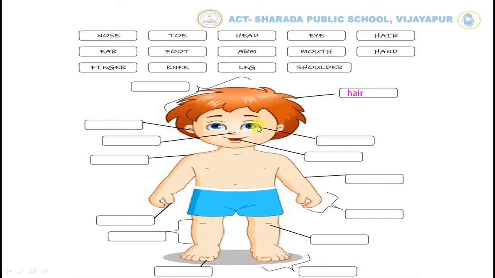Can you tell me what is the name of this body part? Yes, very good. Eye. Let us write in the box. Eye. In the same way, you will have to identify the remaining body parts and label them correctly.